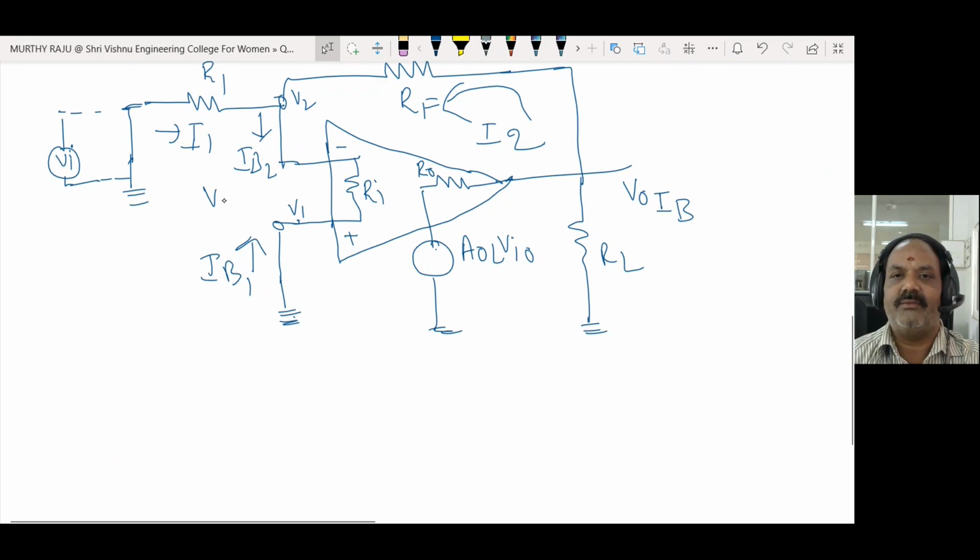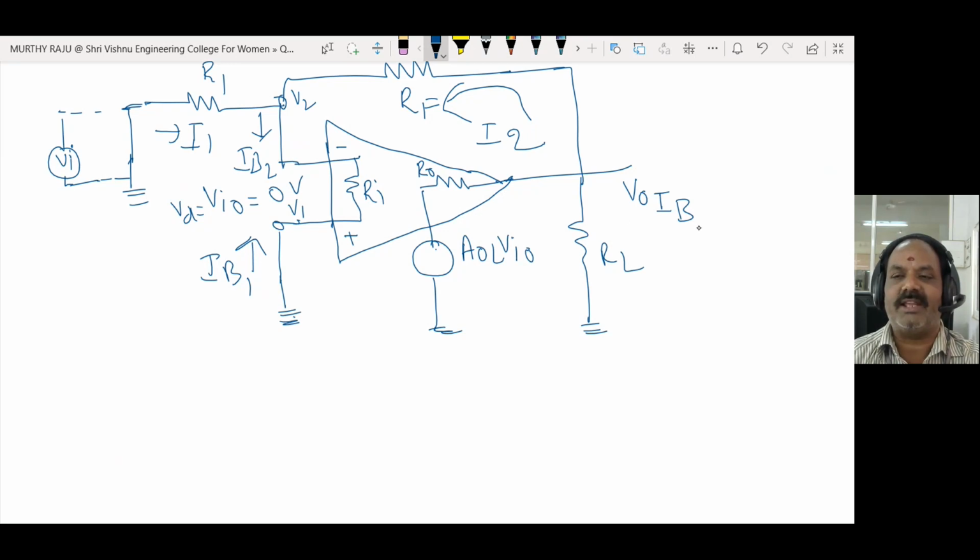The voltage VIO, the input offset voltage, also called the differential voltage, is assumed to be 0 volts.